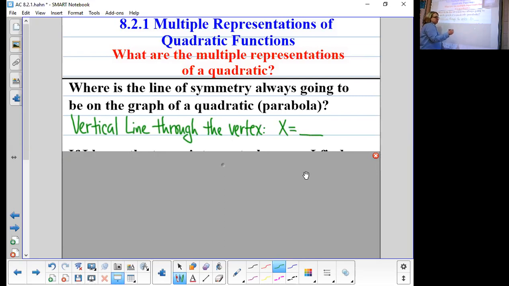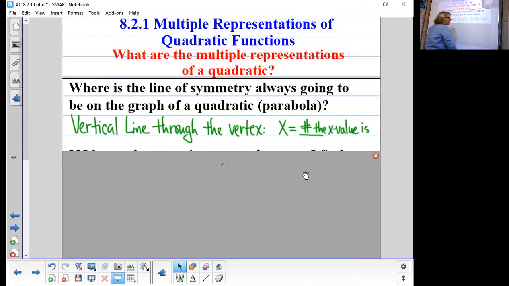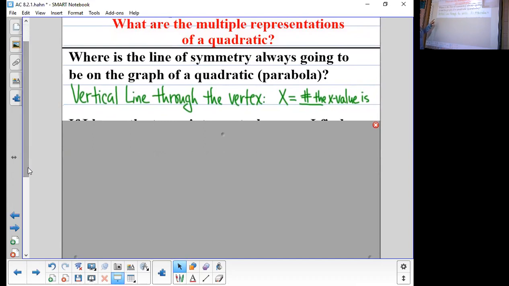So on one of them we had x equals 13. 13 was the x of the vertex. So it's just whatever number the x value is. So that is going to be where your line of symmetry is going to be.